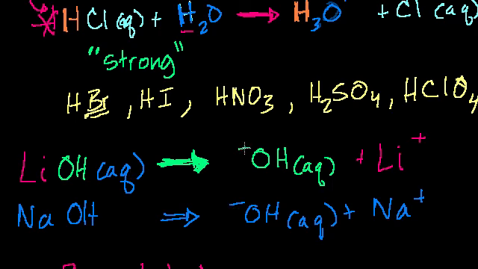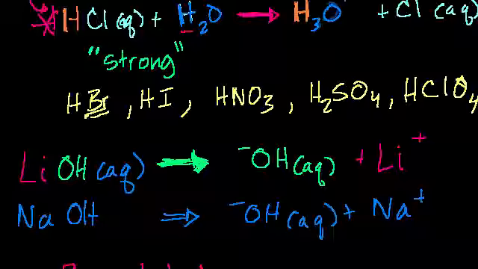You can say, hey, it's donating this OH, which has this negative charge, so it's an electron donor. It's kind of squishy that way, so I'm not a big fan of that definition. In my mind, Arrhenius makes the most sense, and it's the purest thing. Are you creating hydronium or not, or are you creating hydroxide or not?